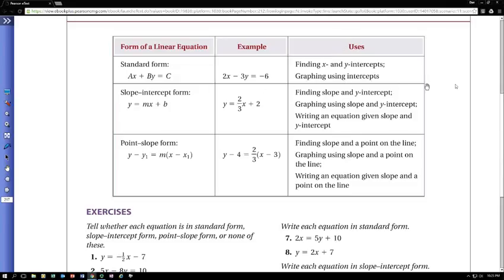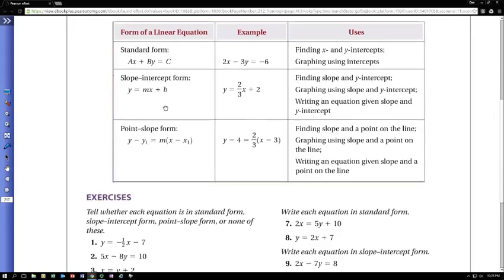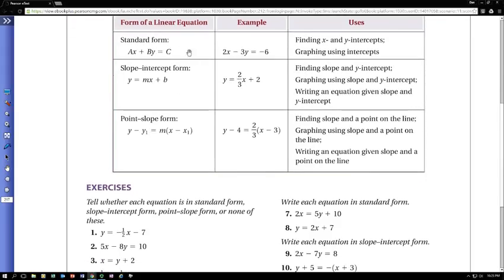All values on the x-axis, the y-coordinate has to be 0. So that's a good way to figure out graphing information. But graphing is not a great way to get solutions. It's really to get a visualization of the solutions, and we're going to use the formulas more directly usually.